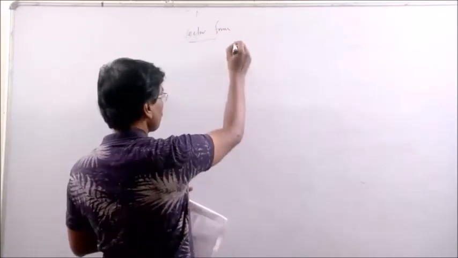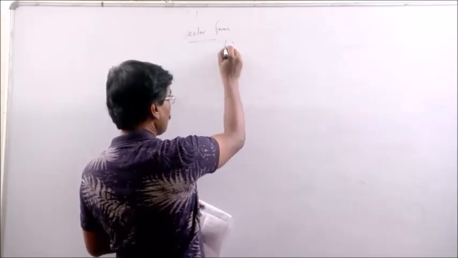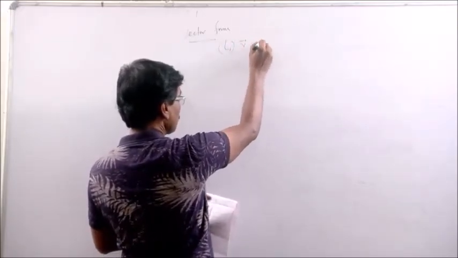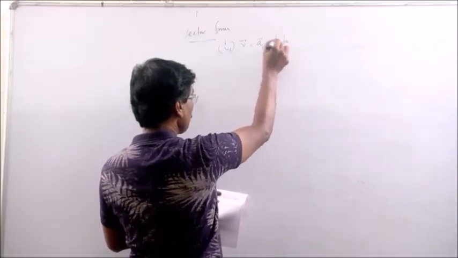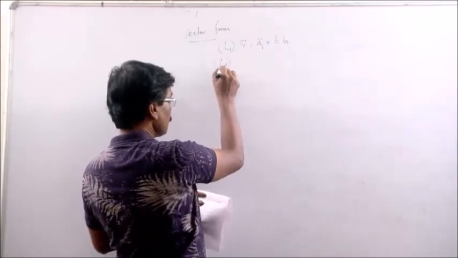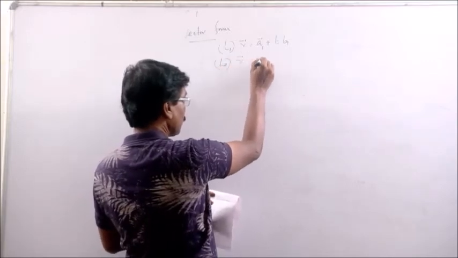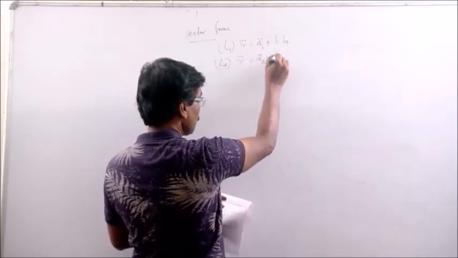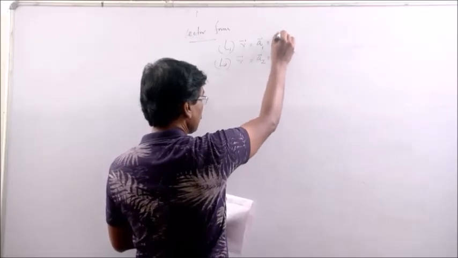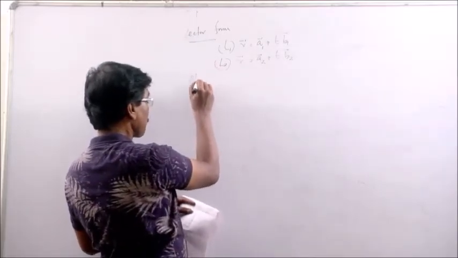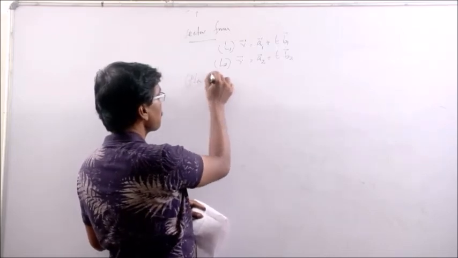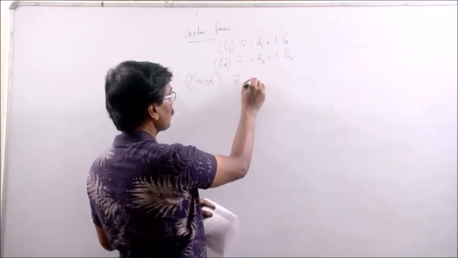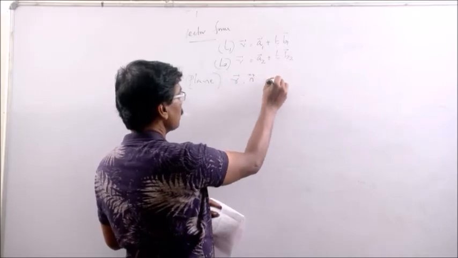Suppose the two lines are L1, that is r vector is equal to a1 plus t times b1, and L2, a2 plus t times b2 vector, and the plane is r dot n vector is equal to d.